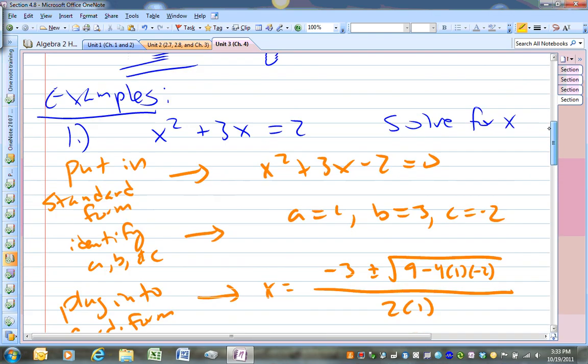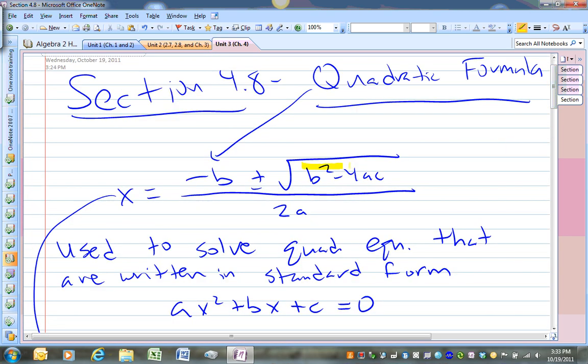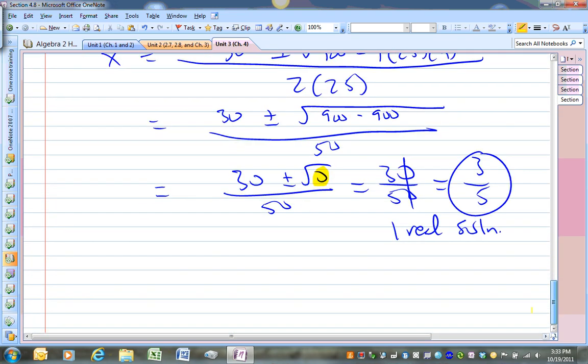The part that's underneath the radical in the quadratic formula is b squared minus 4ac. b squared minus 4ac is called the discriminant.